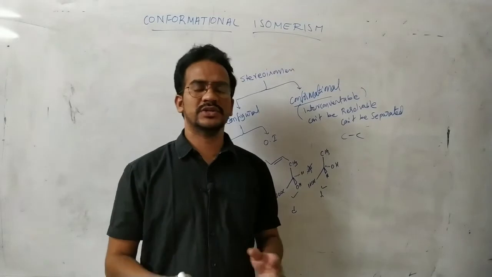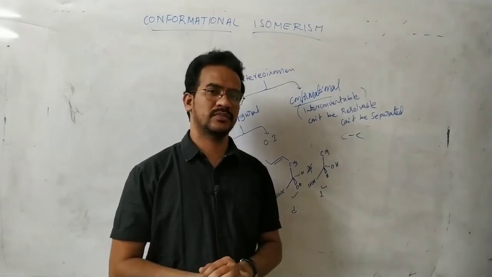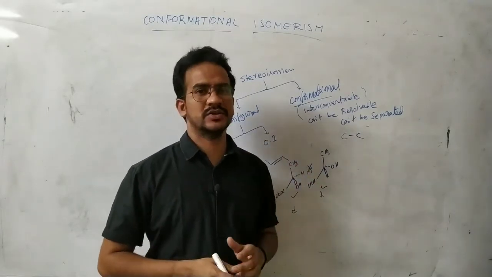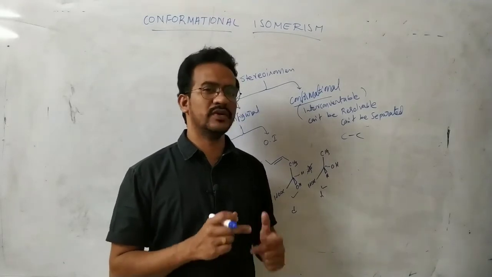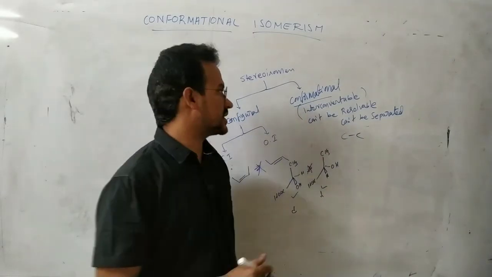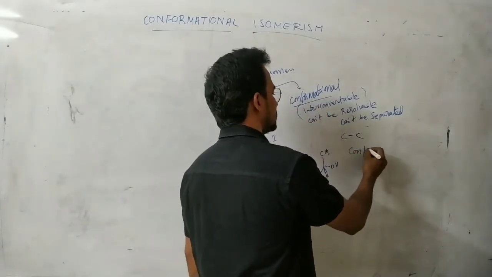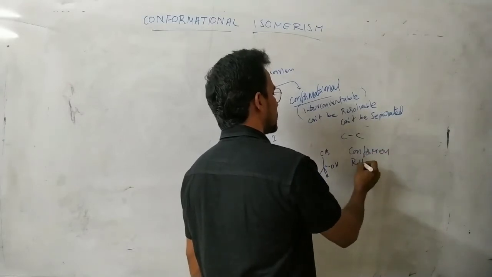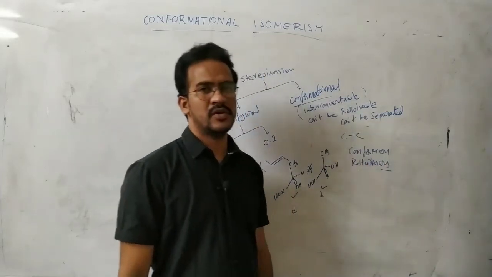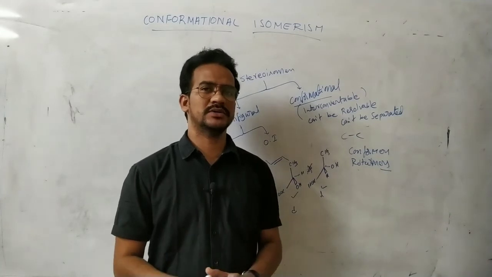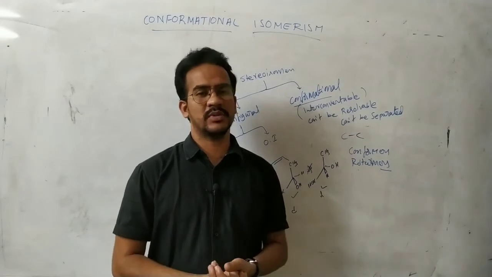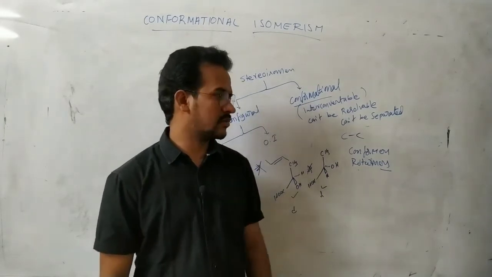The stereoisomers arising due to free rotation of the carbon-carbon bond are called conformational isomers, also called conformers or rotamers. Conformational isomers are rotamers or rotational isomers.